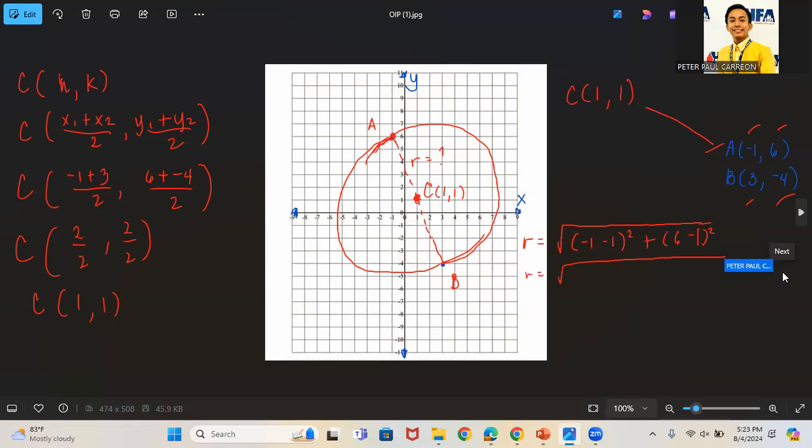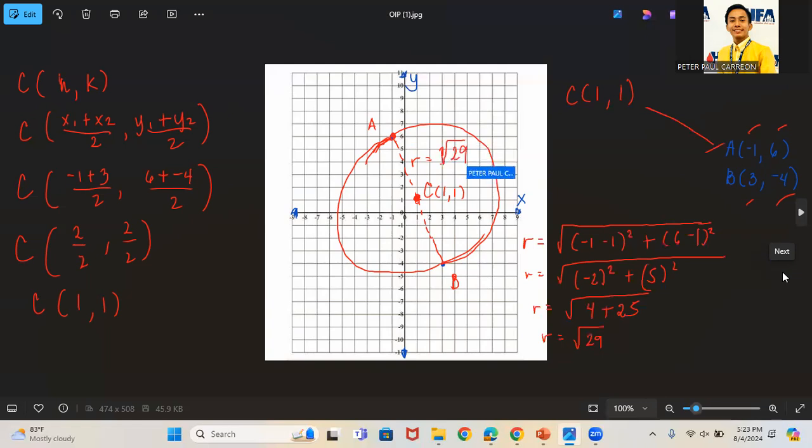We have -1 minus 1. What is -1 minus 1? So it is -2 squared. Then 6 minus 1 is 5 squared. So R now is the square root of 4 plus 25. So R is the square root of 29. So this is now the value of your radius.